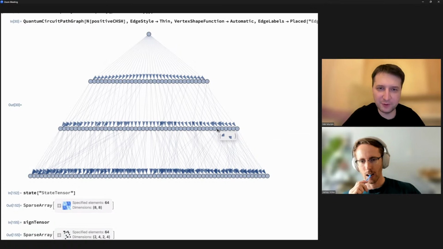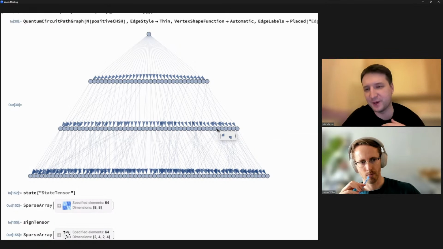Well, maybe the question is about why quantum computation is supposedly more advantageous over classical computation, right? That's why we're trying to build quantum computers. But here I explained it as though you can do the simulation purely classically by just sampling over this multi-way graph.